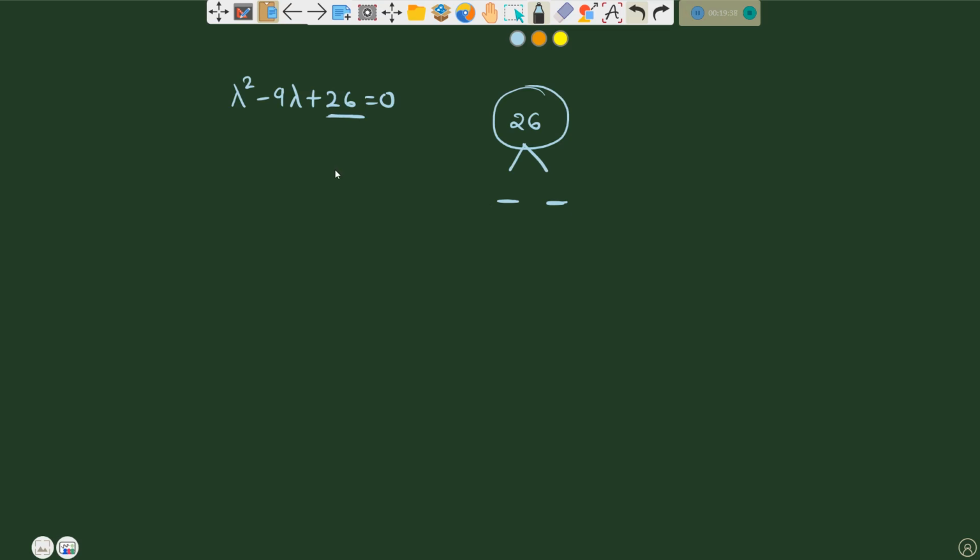And if you add or subtract those two roots, you should get 9. How will you get 26? In which table will you get it? In the 13 table you will get, right? 13 into 2. Yes or no? 2 into 13. This is the possible case. Other than this, where will you get 26? Any idea?